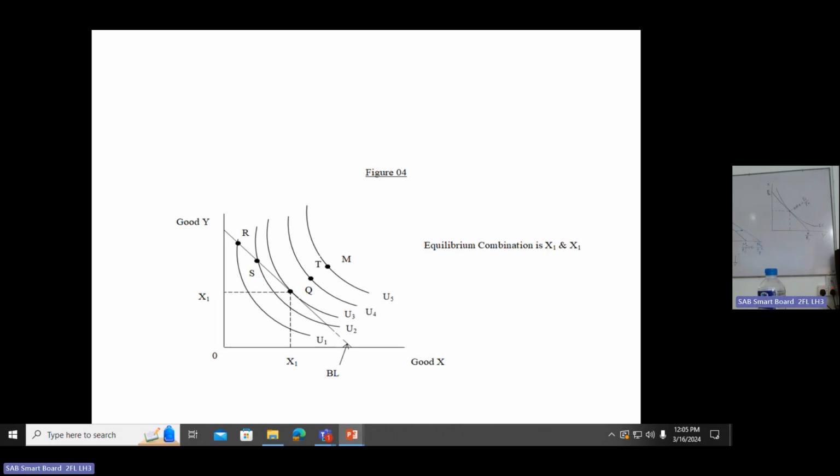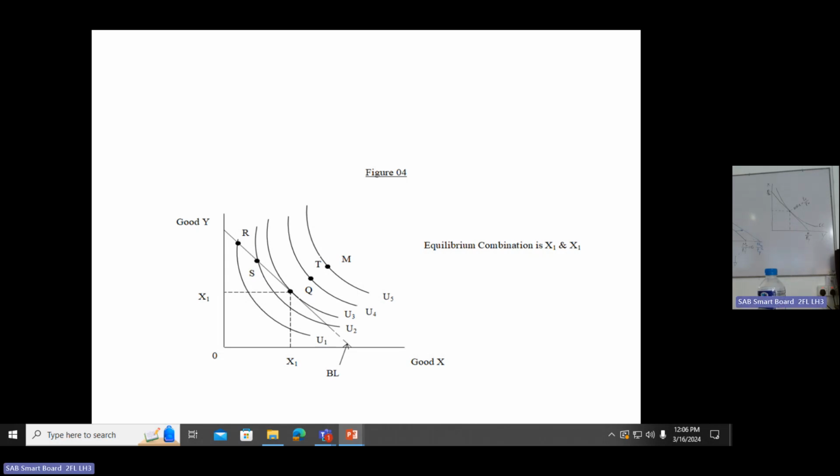Any other point is not an equilibrium. If we take a point here, it is a lower point compared with this, on a lower indifference curve. It is along the budget line, but it's not an equilibrium point because it's lower than this.